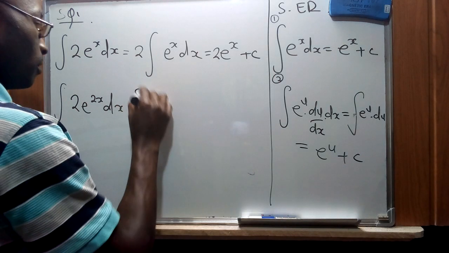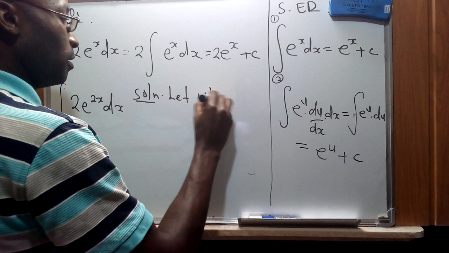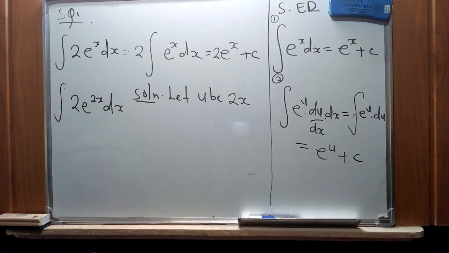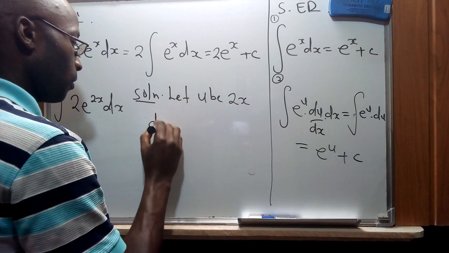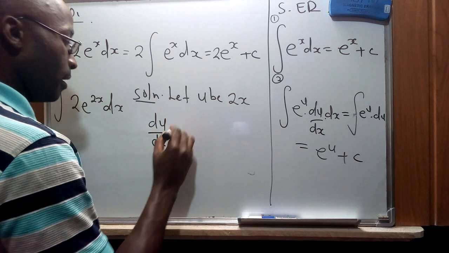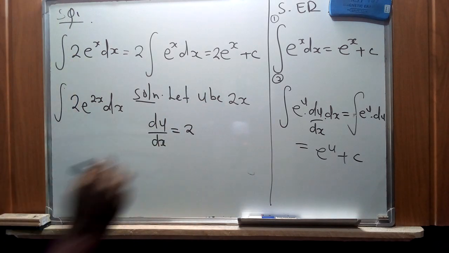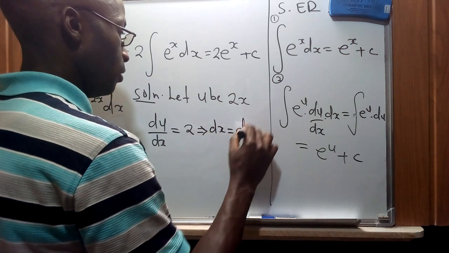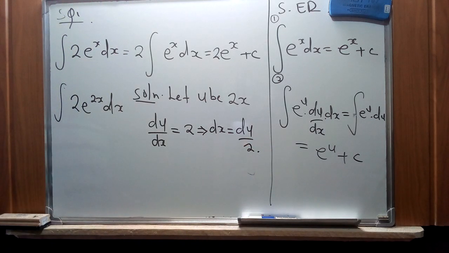The solution is, we let u be 2x, and finding du over dx, it equals 2, implying dx equals du over 2. Therefore we are going to do a substitution for dx.